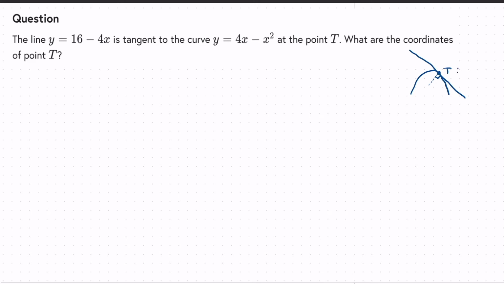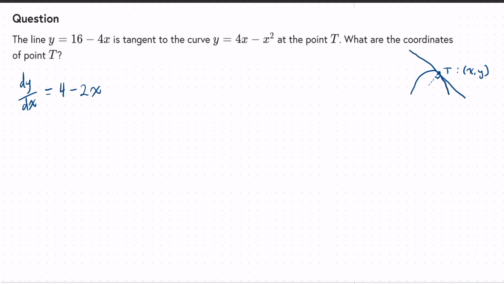Well, t is made up of x and y, and we're going to use the equation of the tangent to determine this point. Firstly, if I take the derivative, dy over dx, of the parabola, that will tell me what the gradient is at a certain point.